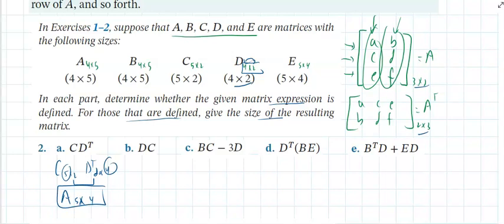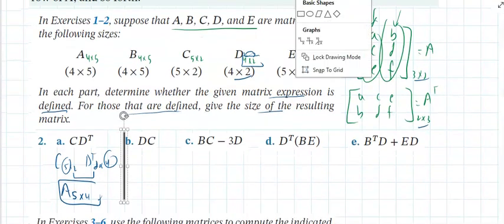So they're asking, in each part, determine whether the given matrix expression is defined. It is defined. And for those that are defined, give the size of the resulting matrix. It's 5 by 4.